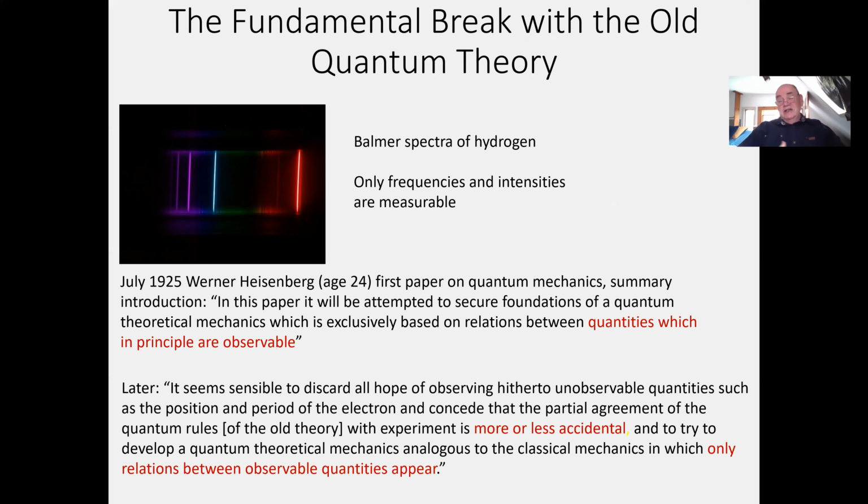And Heisenberg actually takes this challenge from his teacher and finds a way to develop, based upon very different principles, completely different, as we'll see in a second, than Bohr, a new quantum mechanics, starting with your fundamental question: what is the Rydberg formula? What is the spectrum of hydrogen?